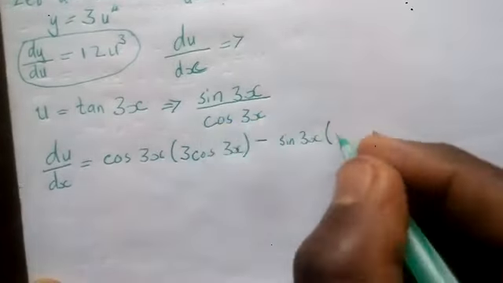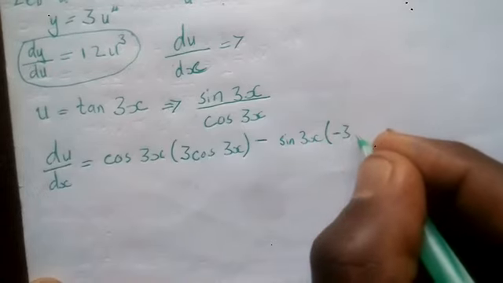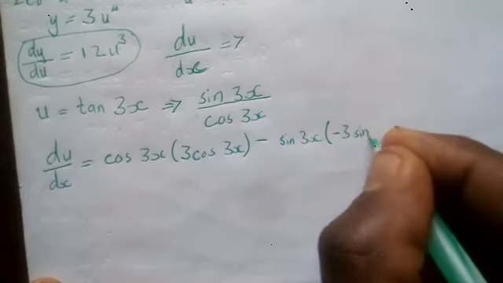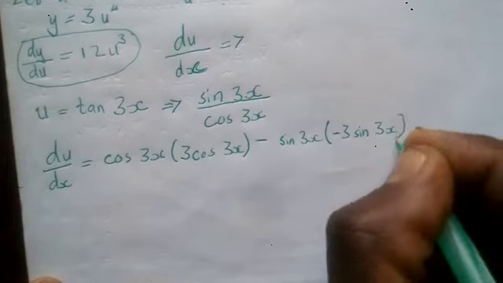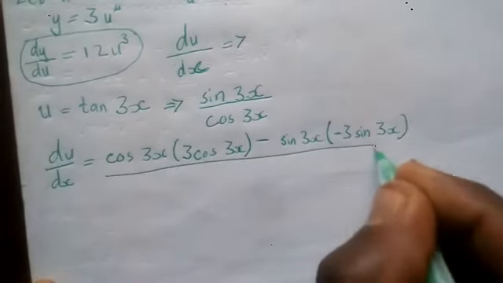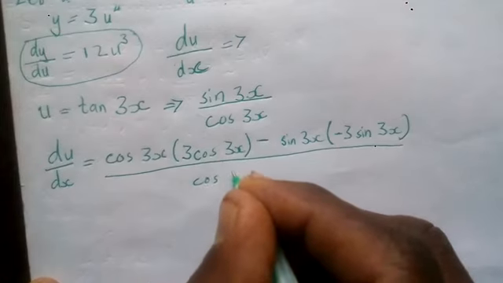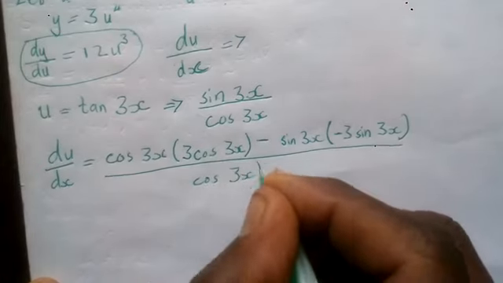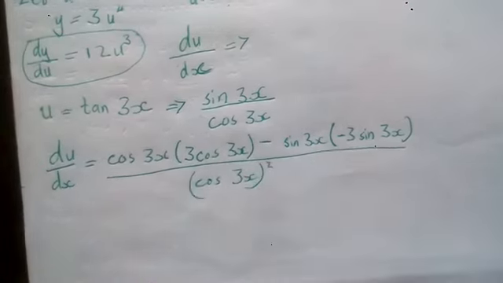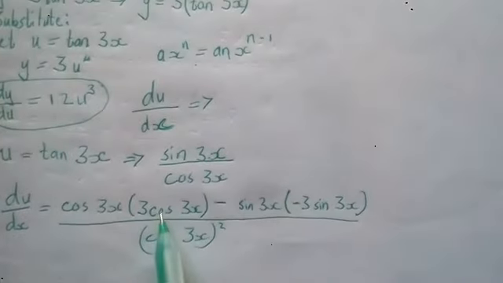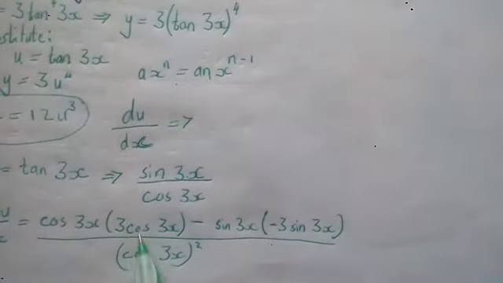When you differentiate cos 3x, you'll get negative 3 sine 3x. All over, you square the denominator, cos 3x squared. The reason we do it like this is that we found how to differentiate sine and cosine.